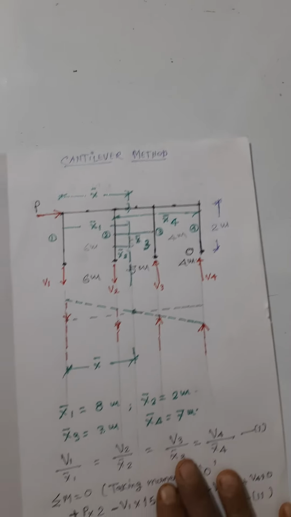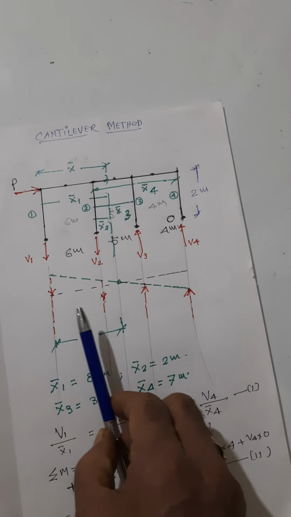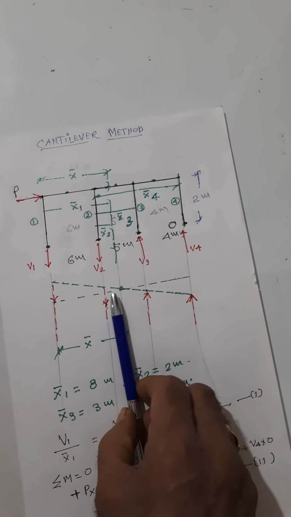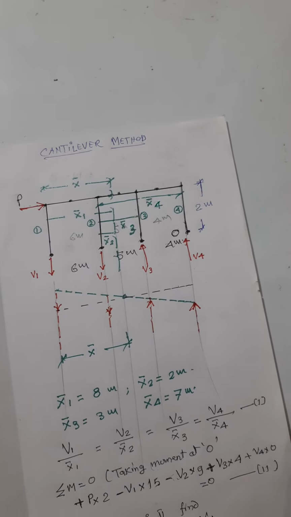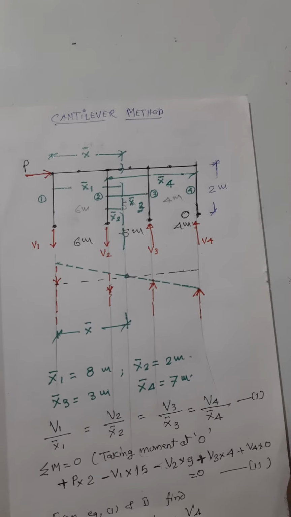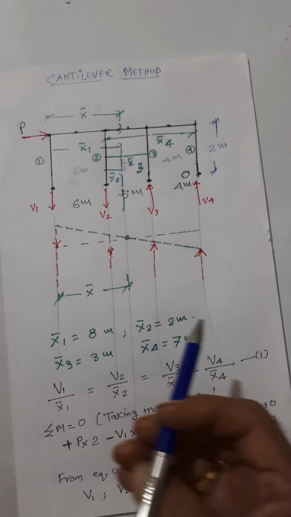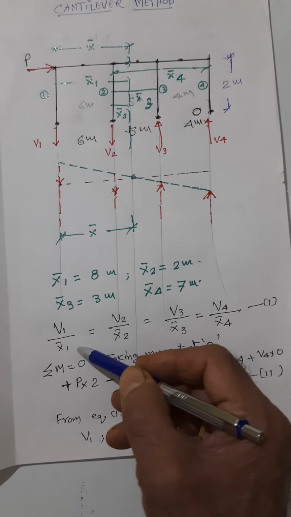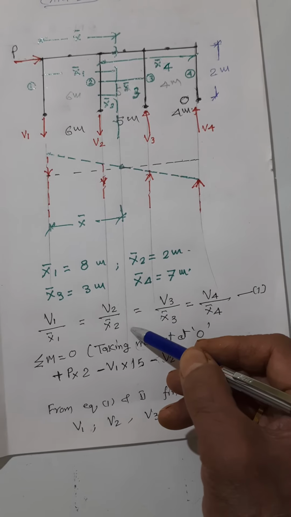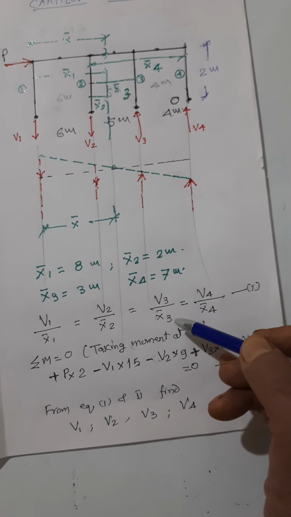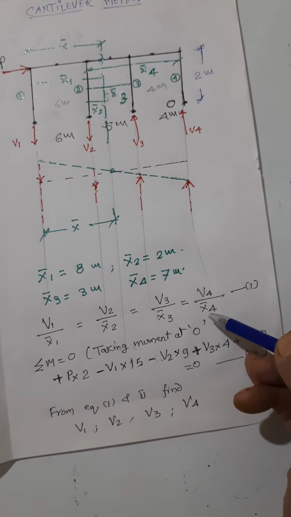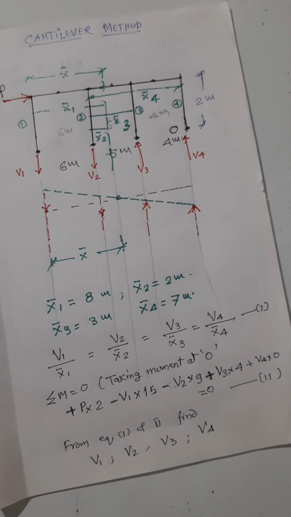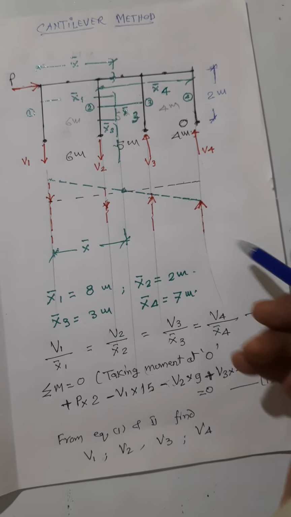Once we know the direction as well as the value, V1 and V2 can be very easily calculated using the concept that V1 is proportional to x bar 1, V2 is proportional to x bar 2, V3 is proportional to x bar 3, and V4 is proportional to x bar 4. This is equation number 1.